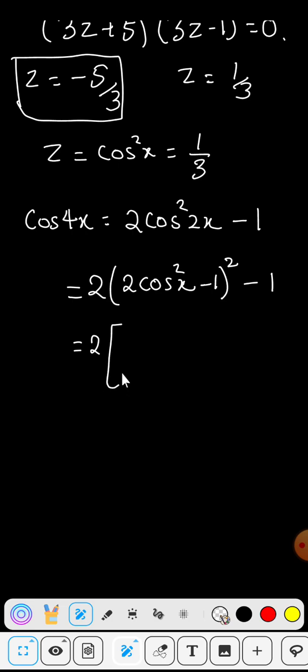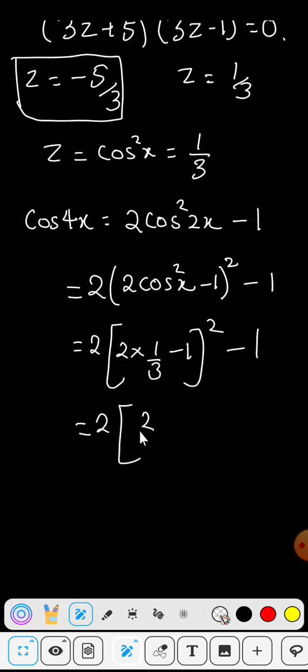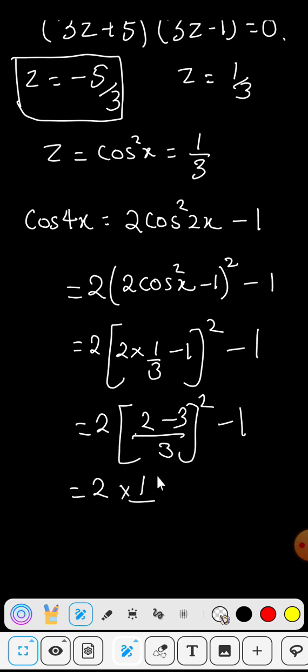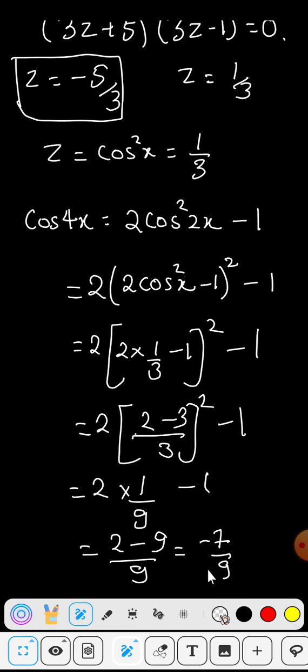Use the value of cos square x as 1 upon 3: 2 times 2 times 1 upon 3 minus 1 whole square minus 1. 2 times 2 minus 3 upon 3 whole square minus 1. So 2 times minus 1 square is 1, and 3 square is 9, minus 1. We'll solve again, 2 minus 9 by 9. So the final answer will be minus 7 upon 9.